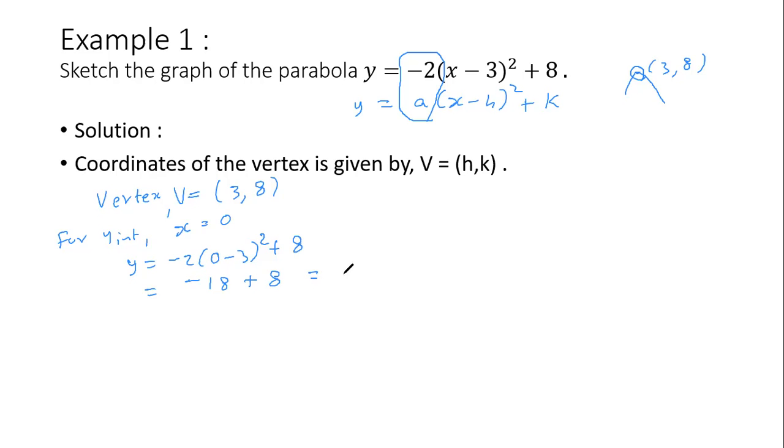Negative 18 plus 8 is negative 10. Therefore, the y-intercept, substituting x equal to 0, is 0 comma negative 10. This is the y-intercept.